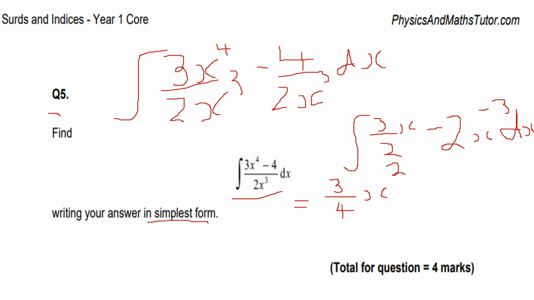Integrating this, it will go to a positive, so it'll be minus 2x to the minus 2 all over minus 2, so it'll be positive x to the minus 2, plus our integration constant c.